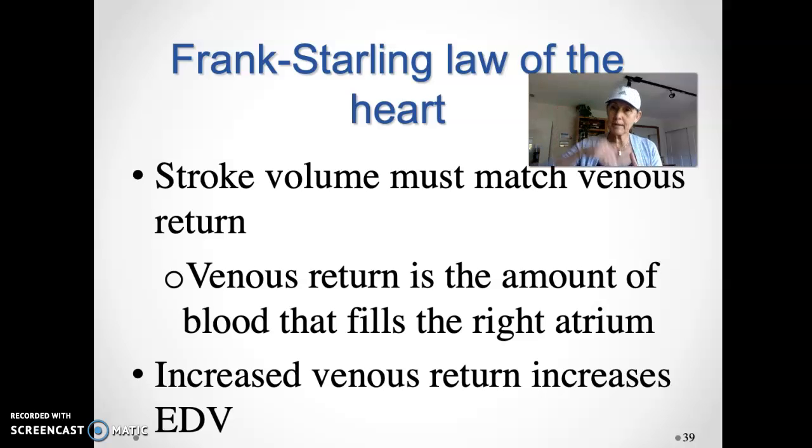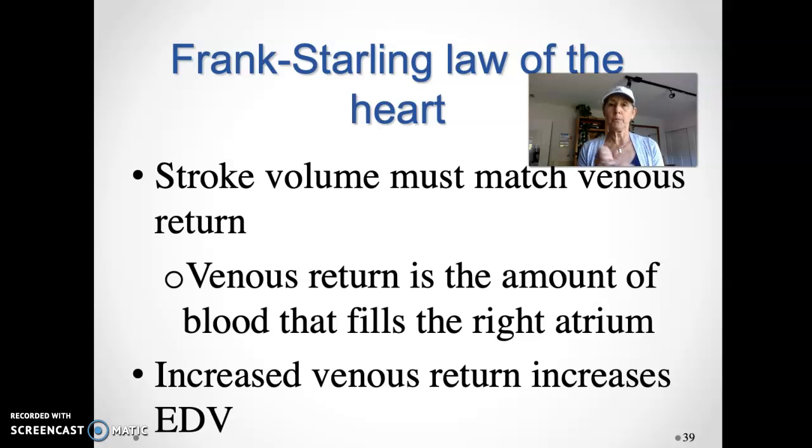Because if you have more coming in at the end of diastole, you're going to have a greater volume of that blood coming in to both the atria and the ventricle. Does that make sense? So increased venous return is going to increase the volume that the heart has to all of a sudden handle. So what happens there, and this is the Frank Starling law, is that it has to adapt.